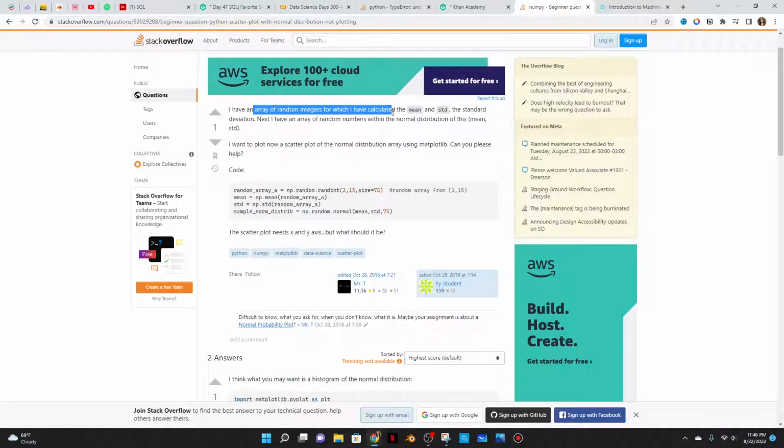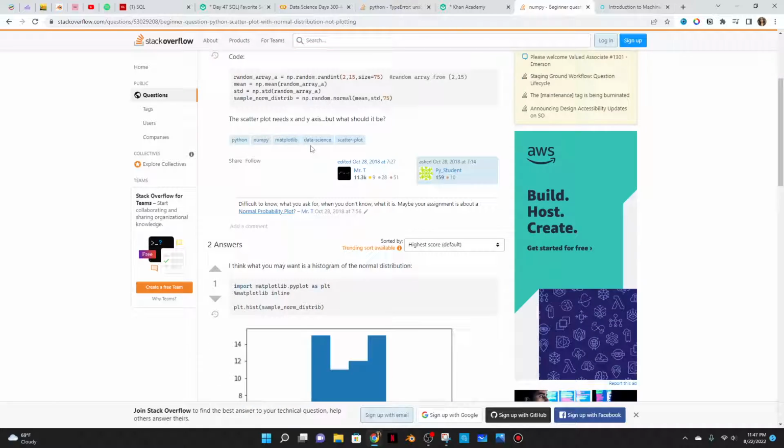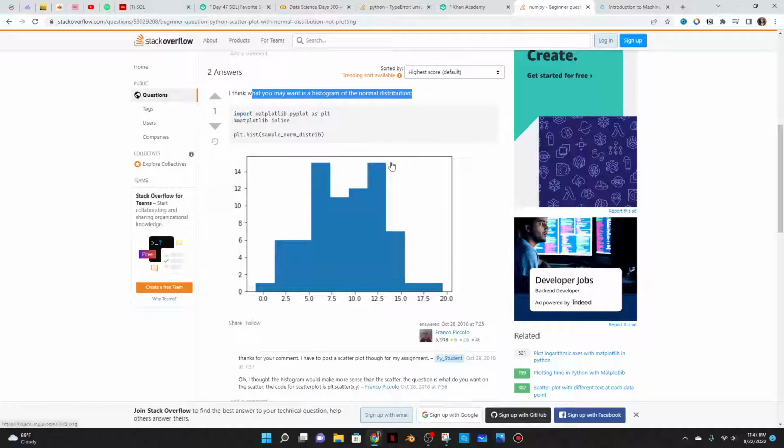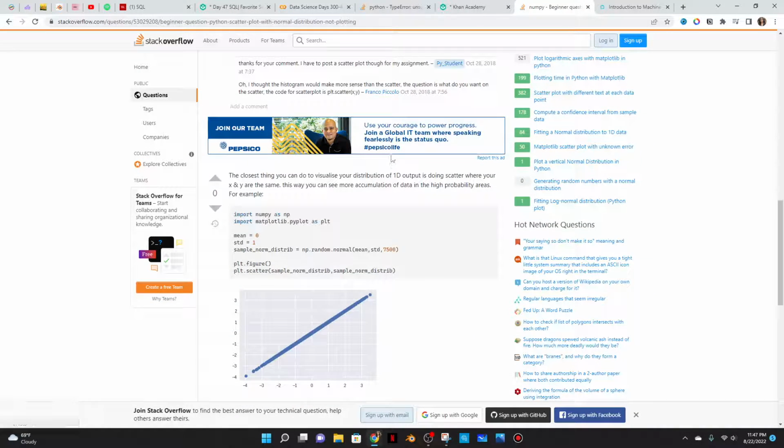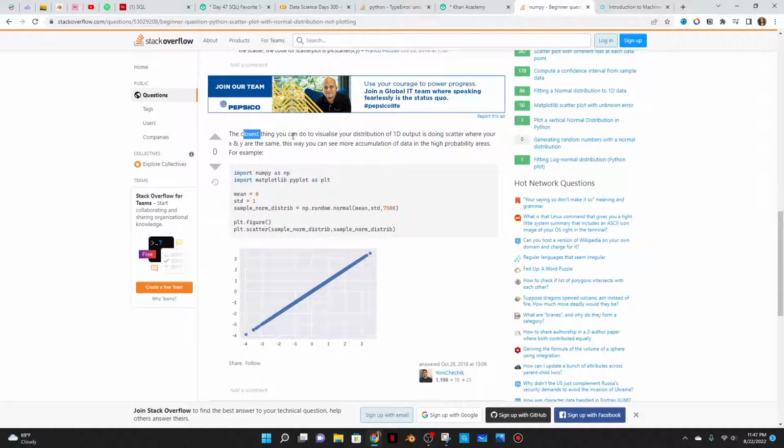I have an array of random integers for which I have calculated the mean and standard deviation. Next, I have an array of random numbers within the normal distribution. I want to plot now a scatter plot of the normal distribution array using matplotlib. Can you please help? What is a histogram of the normal distribution? The closest thing you can do to visualize your distribution is doing scatter where your x and y are the same.